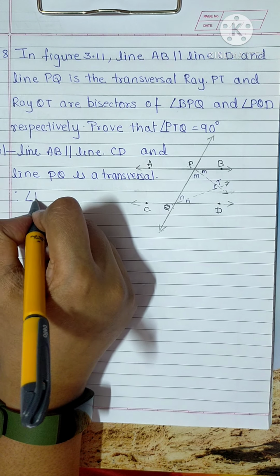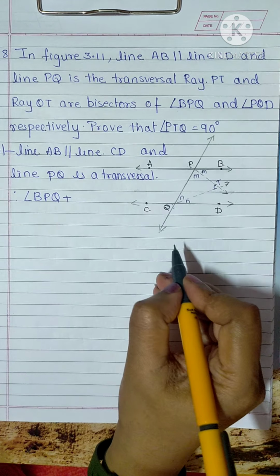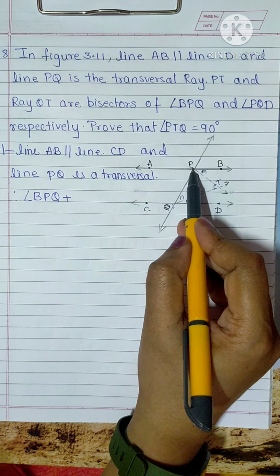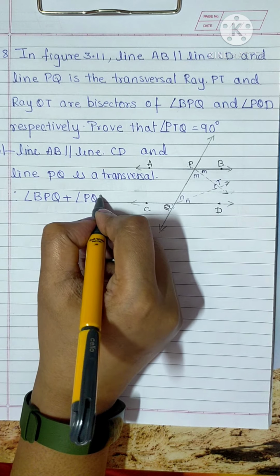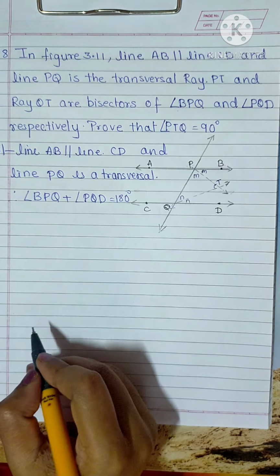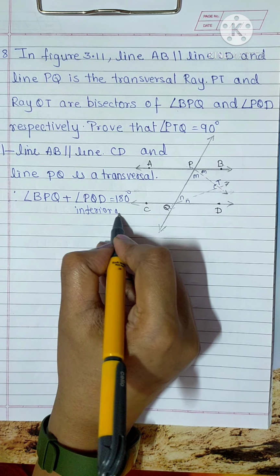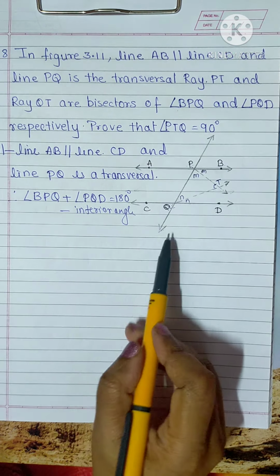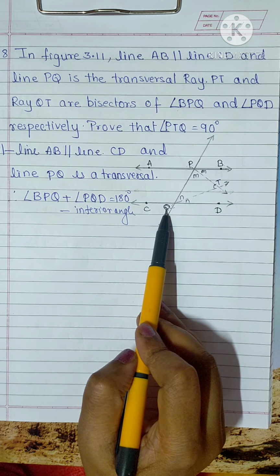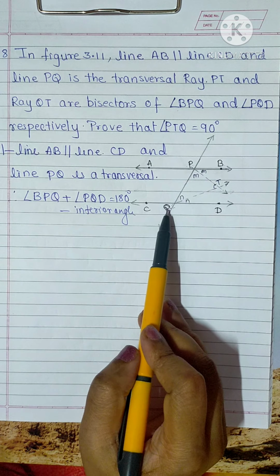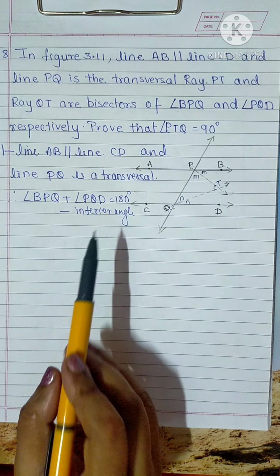Angle BPQ plus angle PQD equal to 180. Why? Because of interior angles. Angle BPQ and PQD equal to 180 because of interior angles.